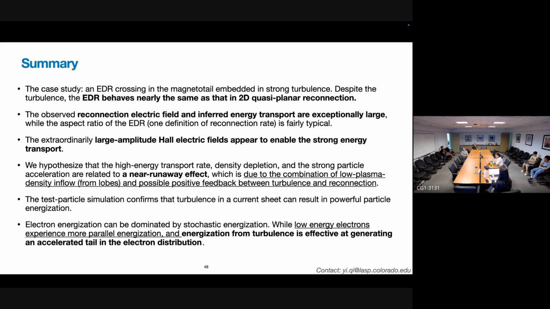But what's special about turbulent reconnection is that the density is much lower than in the other cases. Our hypothesis is also that the turbulence develops when you have a low plasma density. So yes and no to your question.